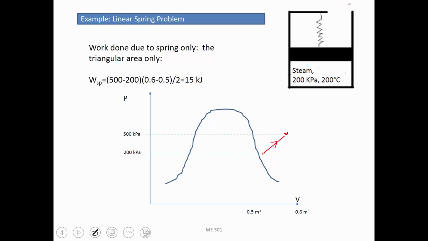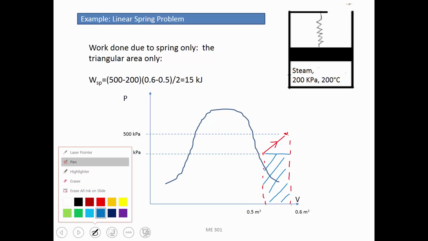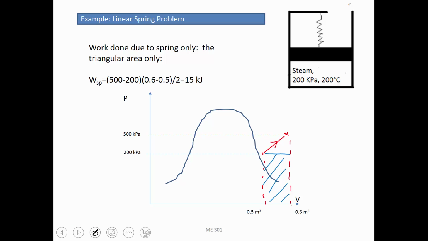In this case, however, if you look at total work like what we said, total work is this entire area under the PV diagram. We can separate this into two portions. The rectangular portion and let's use green, the triangular portion.